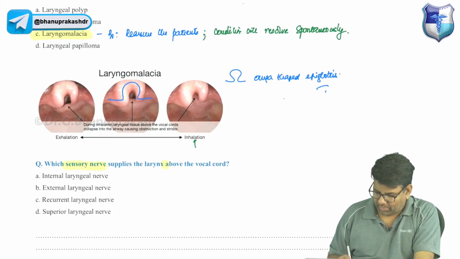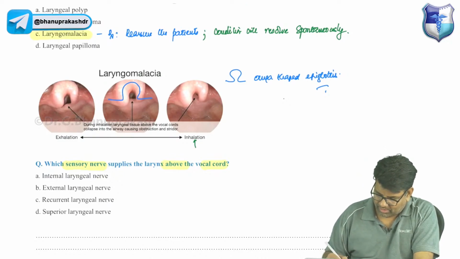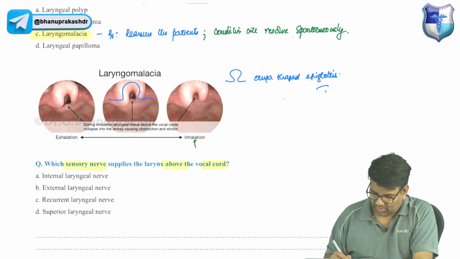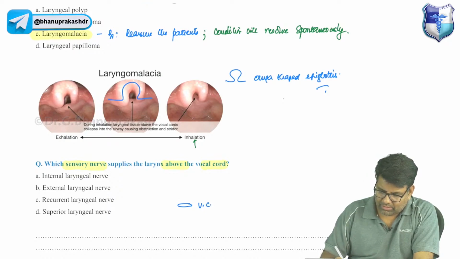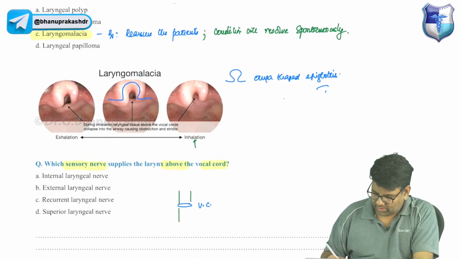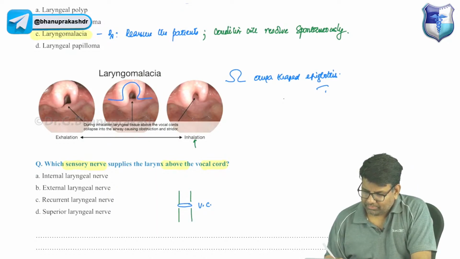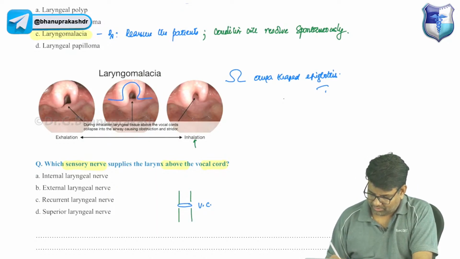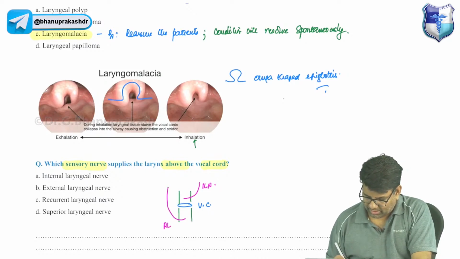Sensory nerve supply above the level of vocal cords. Suppose this is the level of vocal cords. Above this is supplied by, yes, Raghu, you are right, this is internal laryngeal nerve, and below this is supplied by recurrent laryngeal nerve.